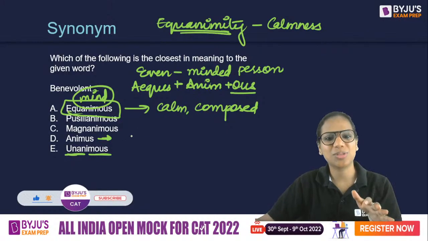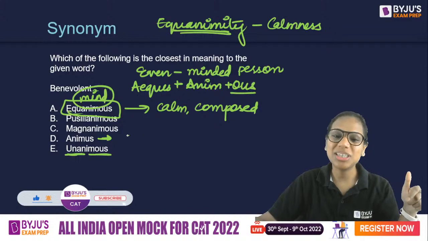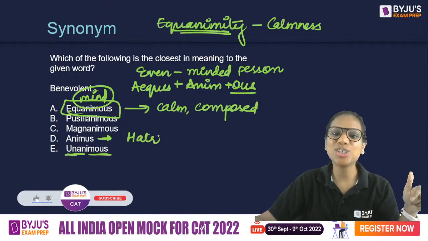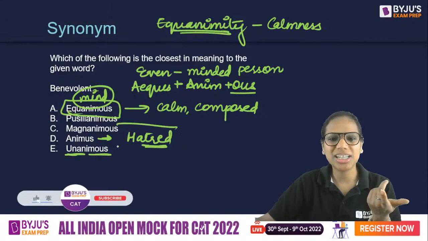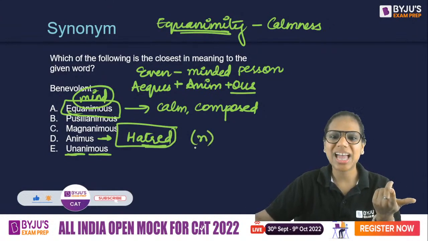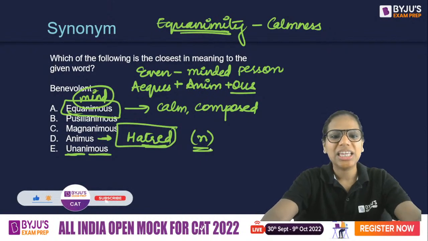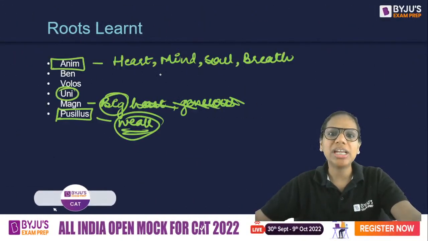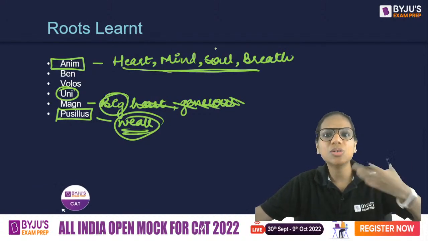Animus. Just animus. Okay, minus all the other things. It actually means hatred, which is weird, right? Because mind, soul, breath, they don't relate to hatred. So how does animus as a noun mean hatred? Because it means to hate someone from your very core, from your very being, from your very soul.